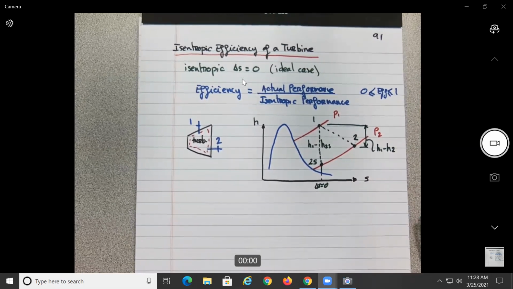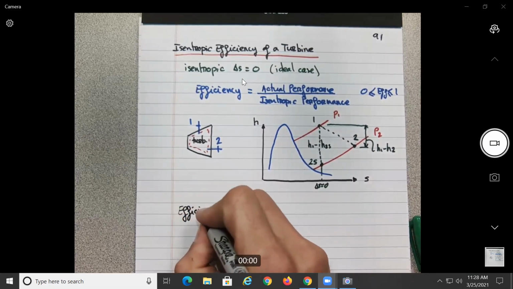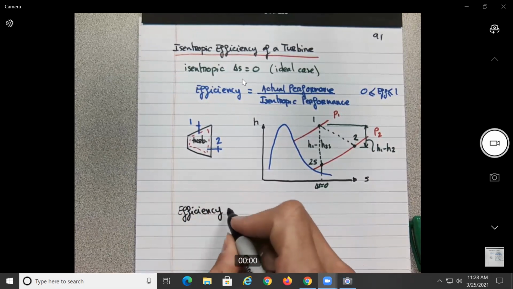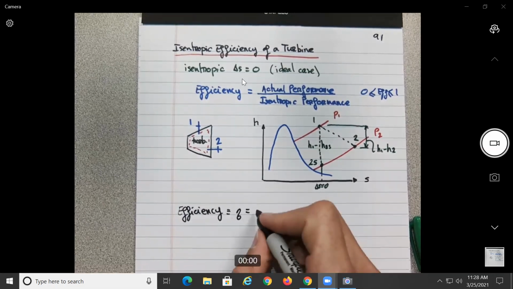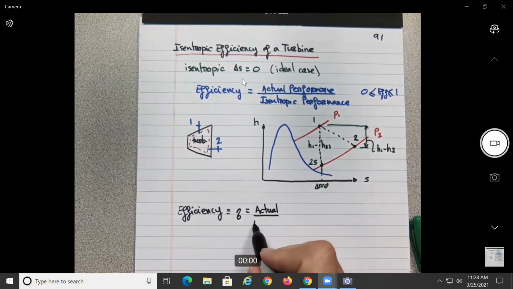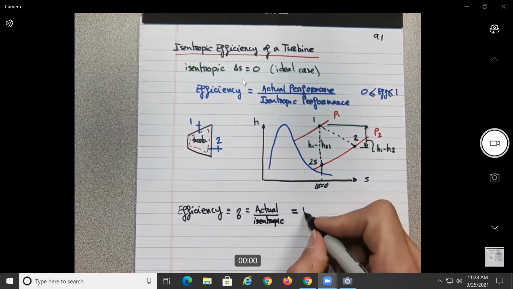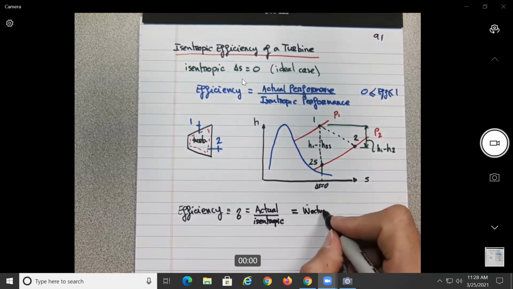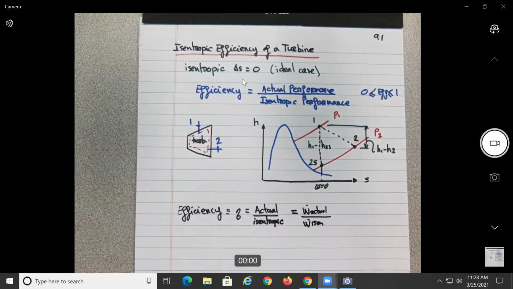So what will be the efficiency? We call it with the letter eta. So we just say it would be the actual divided by the isentropic. So this will mean what? This will be the actual work or power to the isentropic.